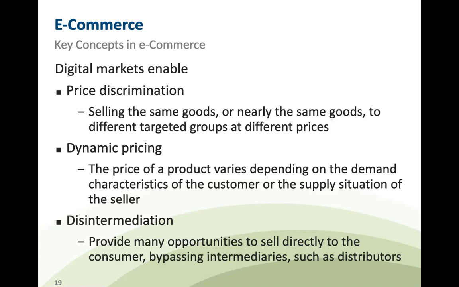Then dynamic prices. Dynamic prices mean you can change the prices, right? The price of a product varies depending on the demand characteristics of the customer and the supply situation of the seller.